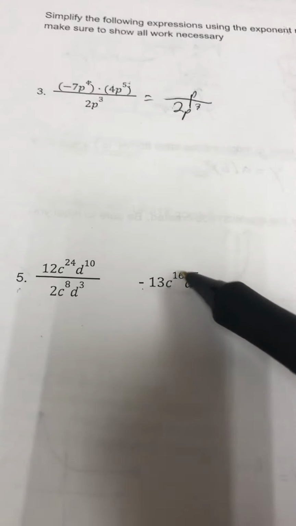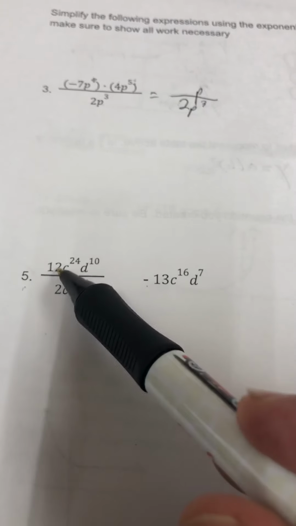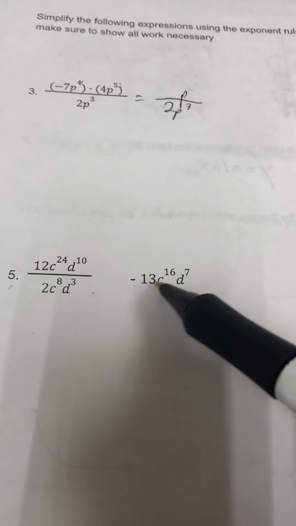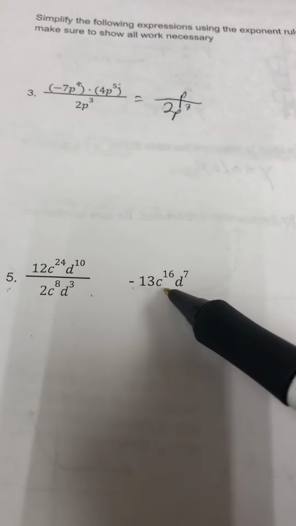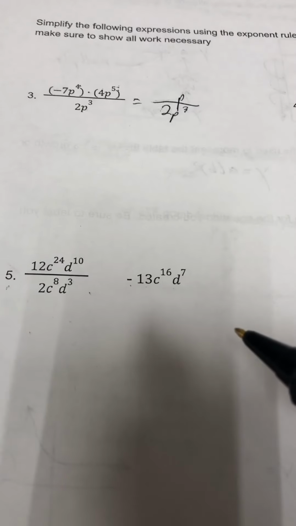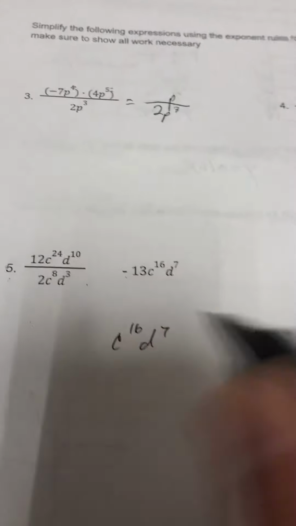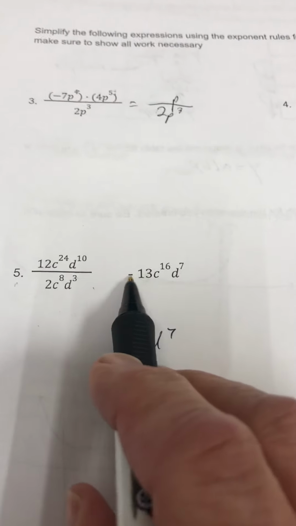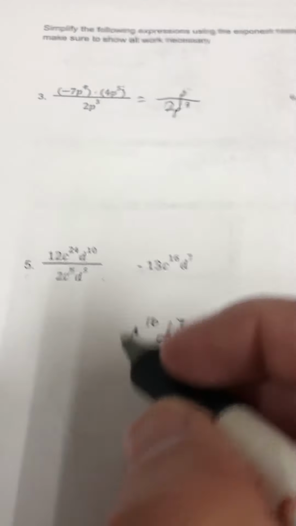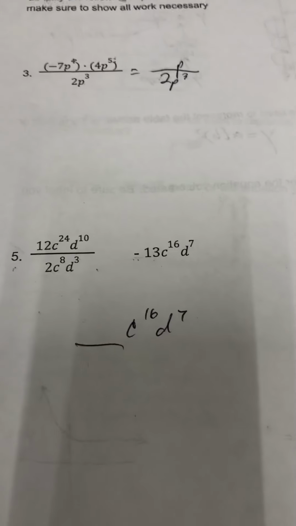Notice it should be the same exponents as these, so that then you could put this, whatever 12 minus 2 was, with your C16D7, and you could subtract 13C16D7, and you leave the exponents alone, because you're just subtracting. So you're going to take that number minus 13. So you're going to have some number up here. Okay, and by the looks of it, it should be a negative number.